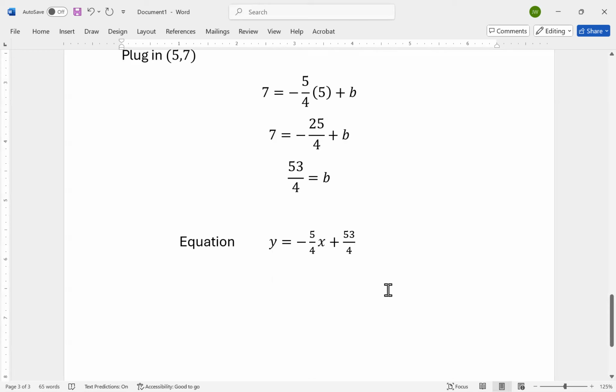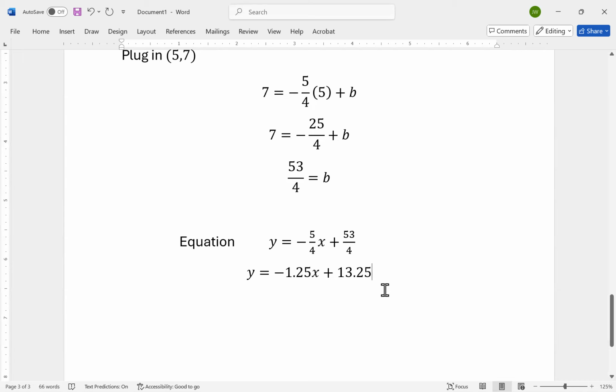Obviously, if I wanted to, I could have written that equation utilizing decimals as well. Negative 5 over 4 is the same thing as negative 1.25. 53 over 4 is 13.25. Both of these are the same equations, so it doesn't matter how you write those down.